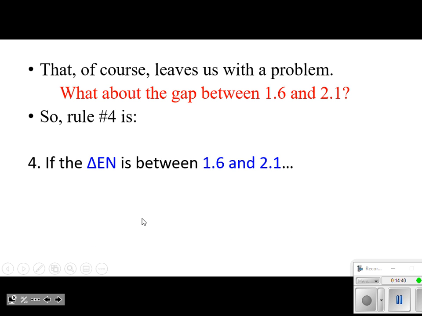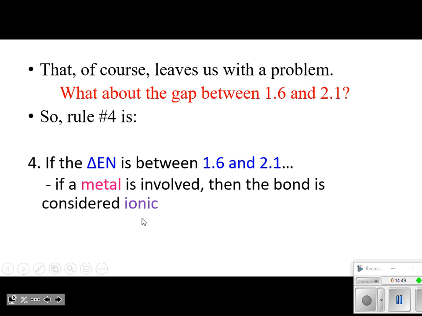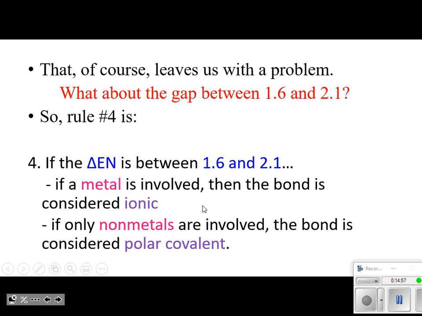When we get into that area, we need to check: do I have a metal or do I have a nonmetal? If I have a metal, it is ionic. If I have a nonmetal, it is polar covalent. So if I have a metal and a nonmetal, ionic; two nonmetals, polar covalent.